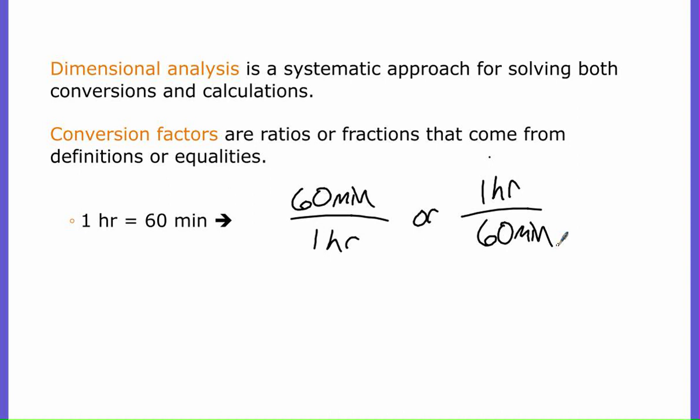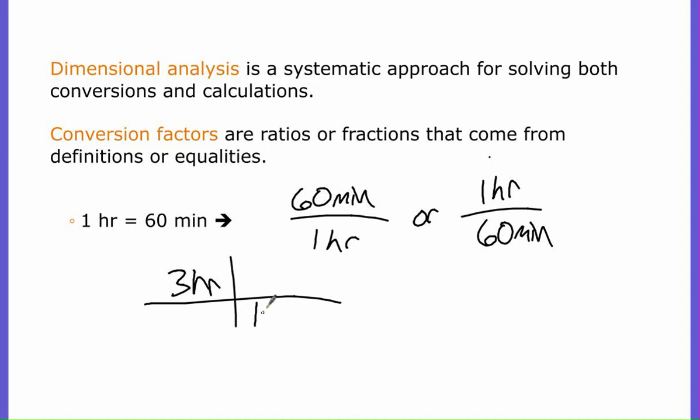And the reason why I would want to be able to do that is because maybe I want to know how many minutes are in 3 hours. And I know you can probably do that in your head, but we're keeping this simple to start off so that you can do it very easily and you can show your work in the process. So if I had 3 hours and I wanted to know how many minutes that was, I would need to multiply by that first conversion factor.